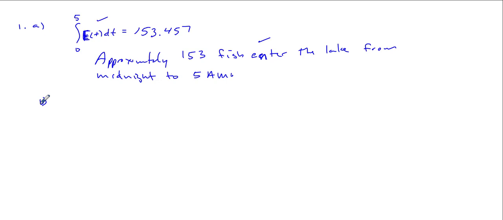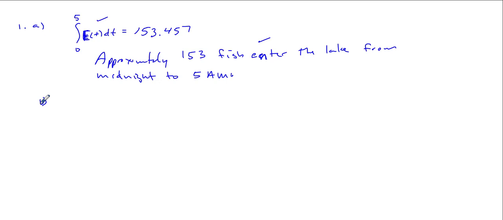Part B: what is the average number of fish that leave the lake per hour? This is where people really didn't know what they were asking, because it says what's the average number of fish that leave the lake per hour? Well, that's a rate, isn't it? Because it says fish per hour.